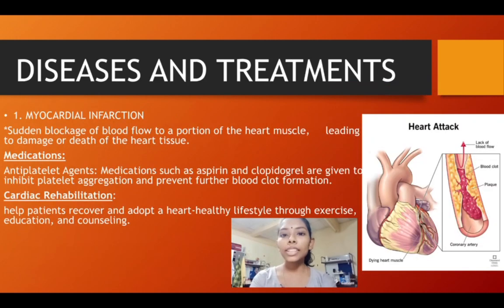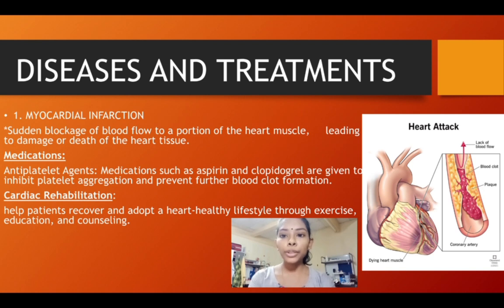So next, let's look into the diseases and treatments relating to the heart and the cardiovascular system. The first disease we have is myocardial infarction. Myocardial infarction, commonly known as a heart attack, occurs when there is a sudden and prolonged disruption of blood flow to a part of the heart muscle.